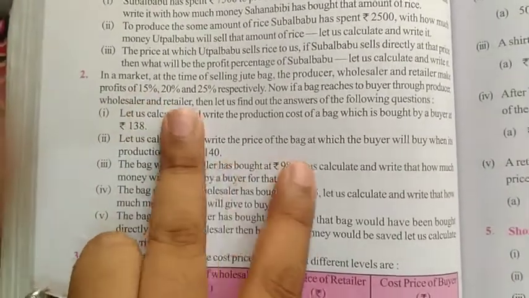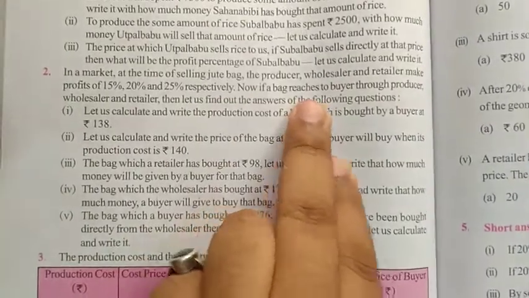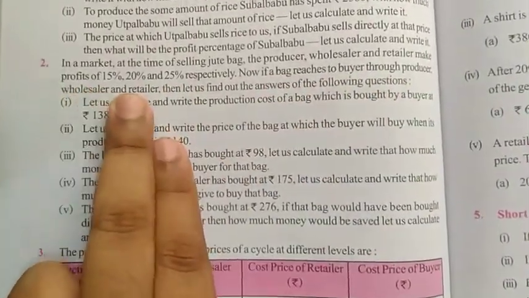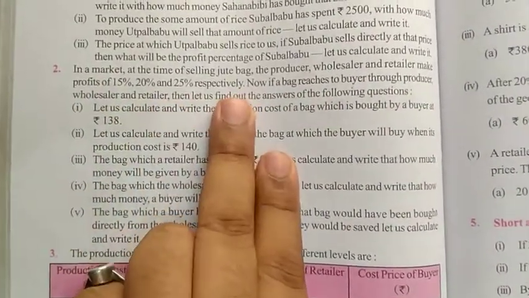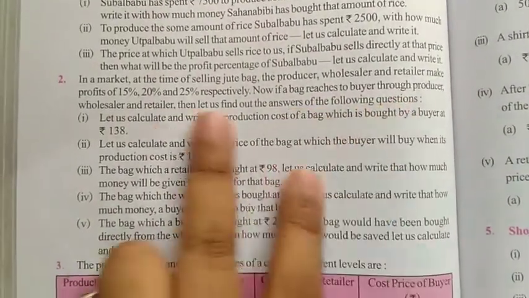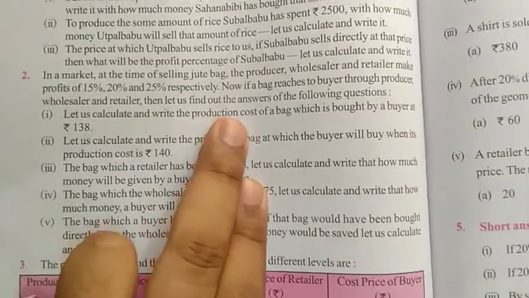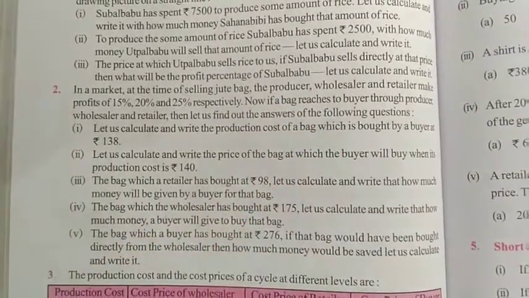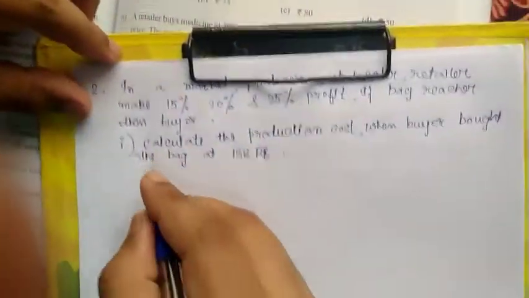This is the second question. In a market at the time of selling jute bags, the producer, wholesaler and retailer make profits of 15%, 20%, 25% respectively. Now, if a bag reaches the buyer through producer, wholesaler and retailer, then let us find out the answers of the following questions. Now, we have to draw the chain rule first.